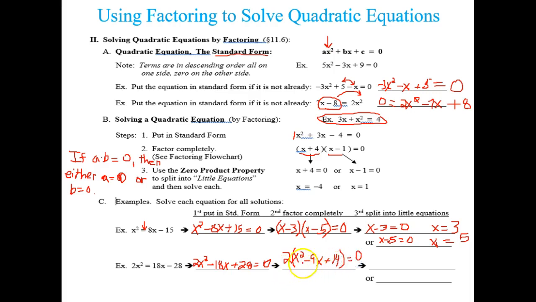But I'm not done factoring because I've got this trinomial inside the parentheses. How does that factor? What are the factors of 14 that add up to negative 9? They both have to be negative, so try negative 2 and negative 7. Negative 2 and negative 7 would work. So I'll go x minus 2 and then x minus 7.